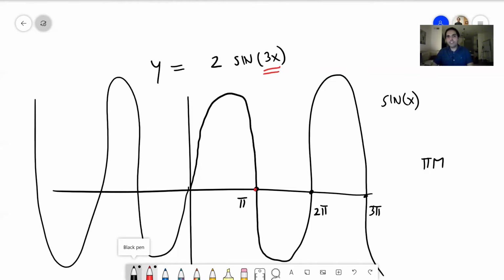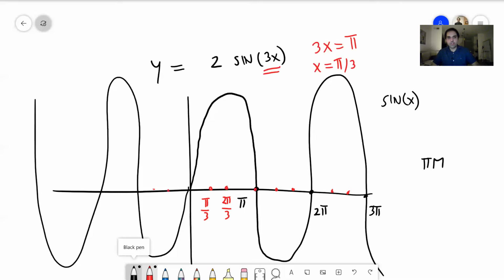So if you compress it by a factor of 3, the new zero becomes 3x equals pi, which is x equals pi over 3. So before the zeros were multiples of pi, now the new zeros are multiples of pi over 3. So pi over 3, 2 pi over 3, etc.